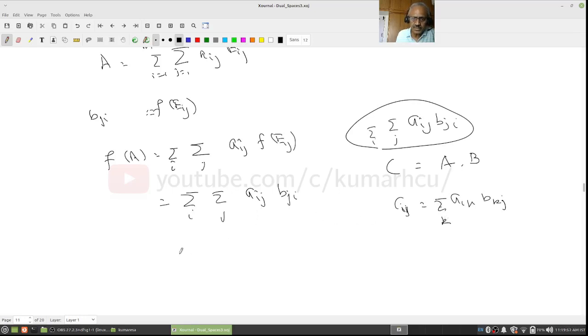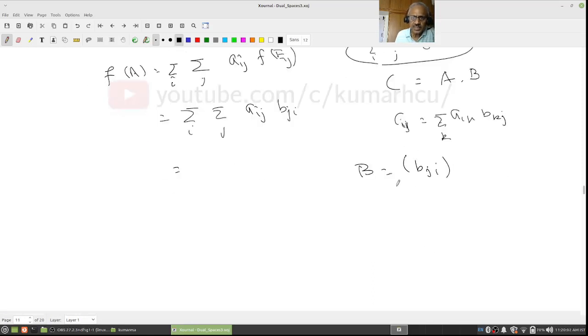Therefore this is nothing other than, consider the matrix B as b_ji; what is the size of this matrix? j runs from 1 to n and i runs from 1 to m.